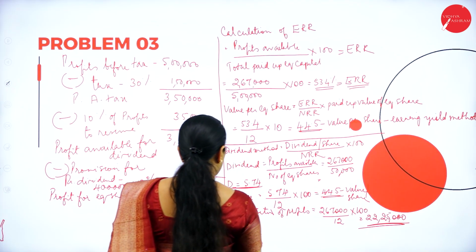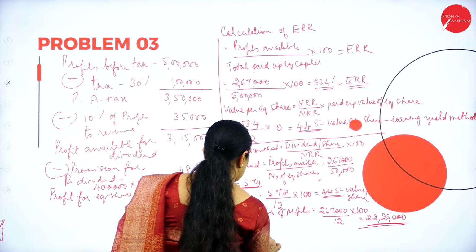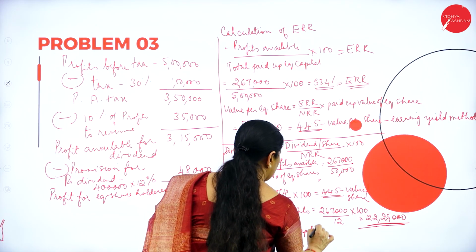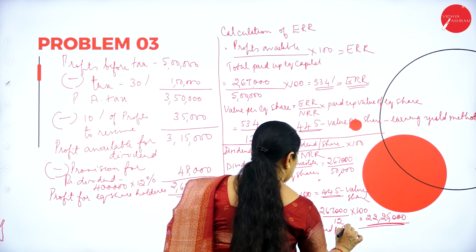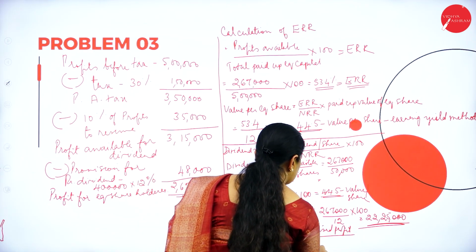So, value per share equals capitalized profit divided by number of shares.